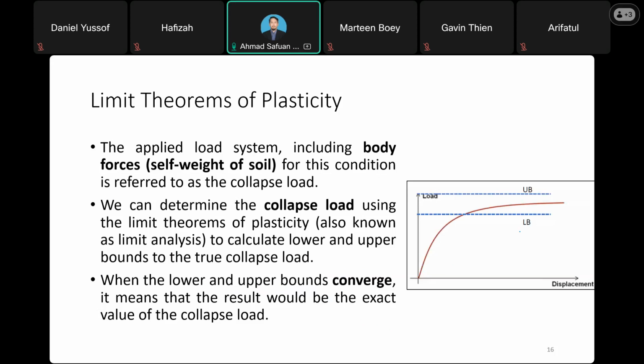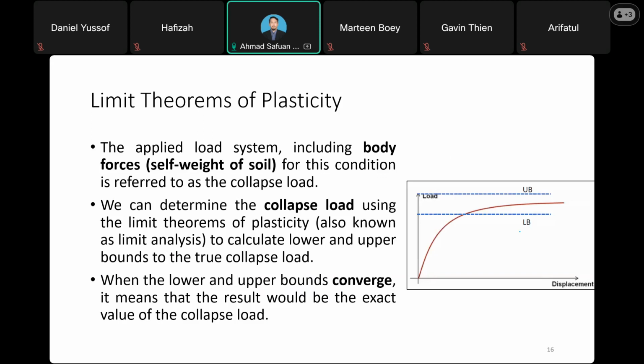The applied load system, including body force for this condition, is referred to as the collapse loads. We can determine the collapse load using the limit theorems of plasticity, also known as the limit analysis, to calculate lower and upper bounds to the true collapse loads.